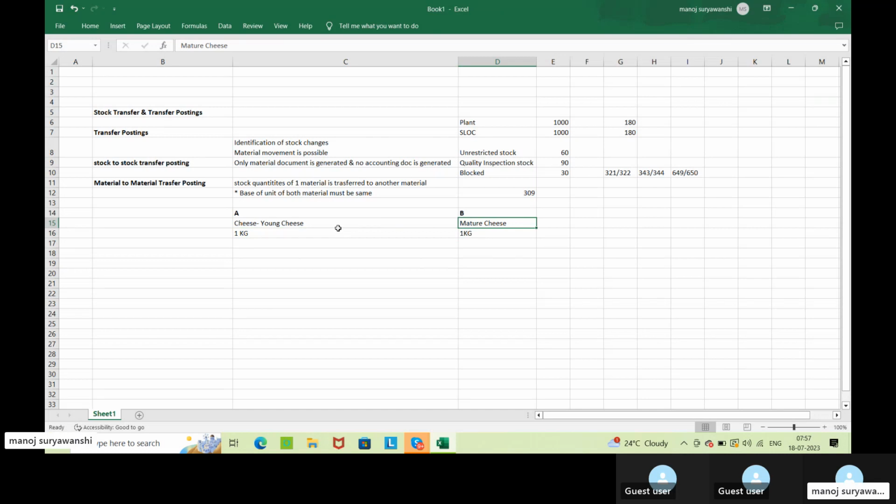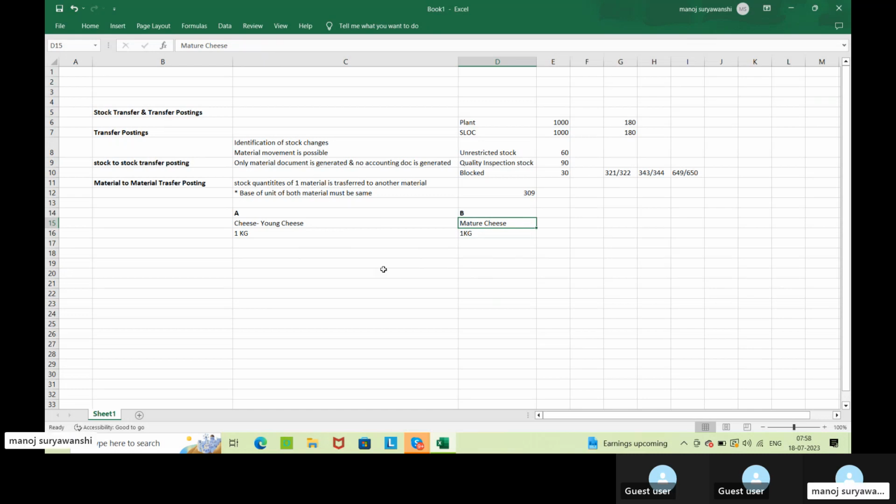The material code for ink cheese will be different. The material code for mature cheese will be different. So इसका material code different है, इसका material code different है, and we have to transfer this 1 kg quantity of ink cheese into 1 kg quantity of mature cheese.